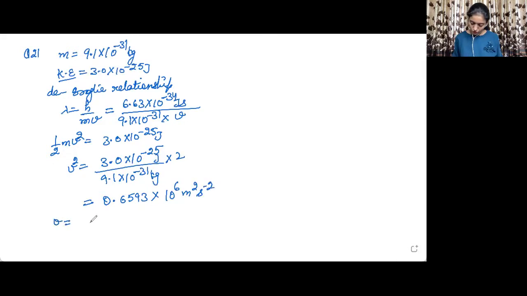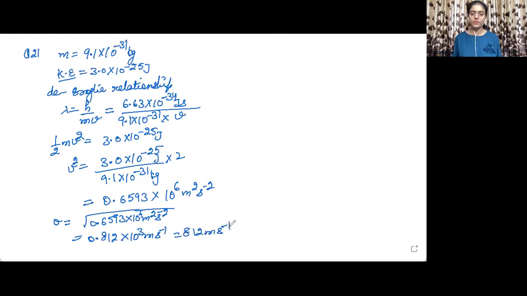So v will be equal to the root of 0.6593 × 10^6 m²/s², which comes out to be 0.812 × 10^3 meter per second, or we can say it is equal to 812 meter per second. All right, so just put the value in this equation.